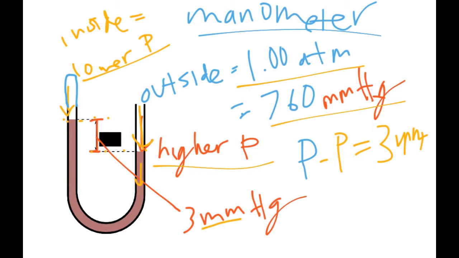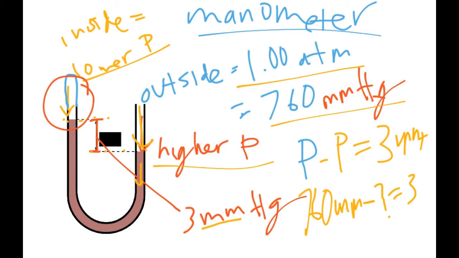So if the outside had a pressure of 1 atm, or the pressure at sea level, it would be 760 millimeters of mercury, but we won't write the mercury just yet, minus the inside pressure, and that would be equal to 3. So doing the math, you figure out that the inside pressure should actually be equal to 757 millimeters of mercury.